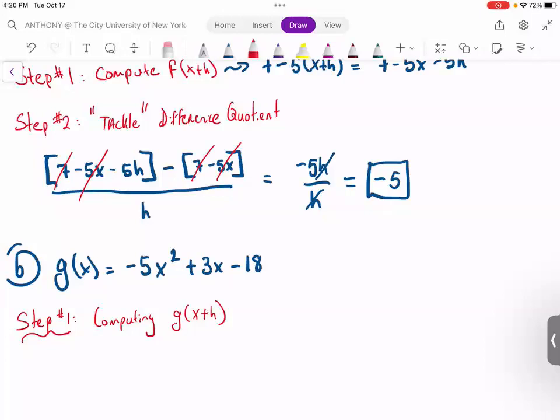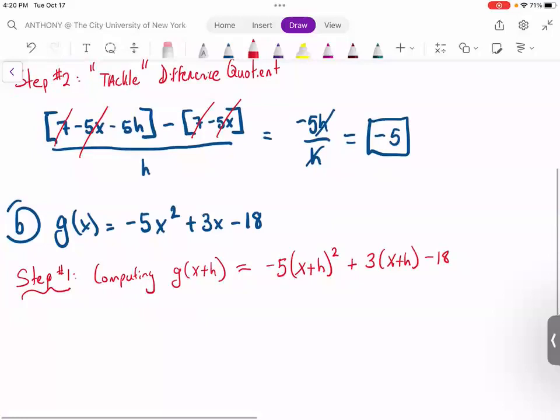Now, how many times does the variable x plus h appear? They appear twice. You have the variable x appearing when you have x squared, and then when you also have the 3x. So by substitution, you have negative 5 times x plus h squared plus 3 times x plus h minus 18.